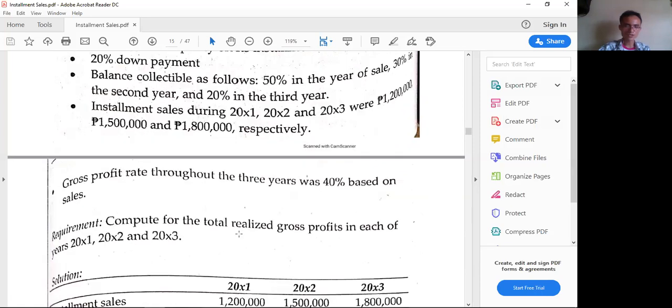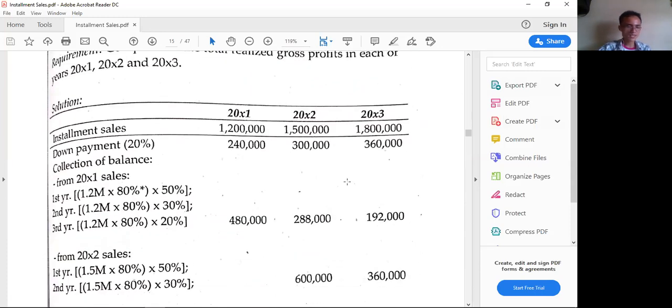So compute realized gross profit. Therefore, we are going to make use of the collections. Compute the collections first. We multiply such with a given gross profit rate that is already based on sales. And that's how we are going to get the realized gross profits.